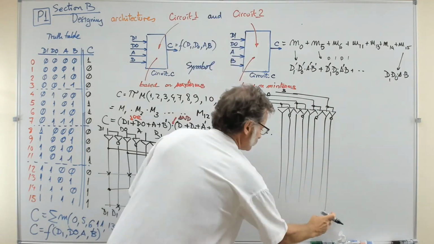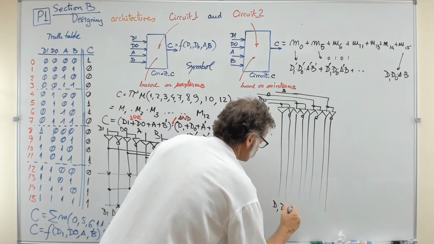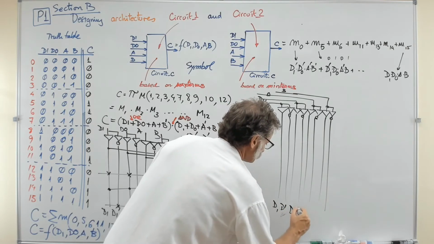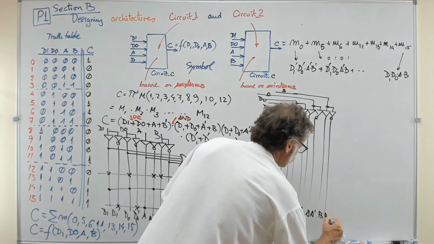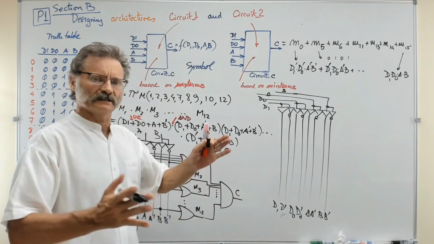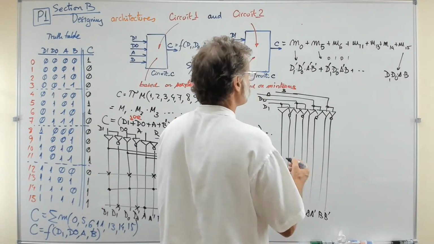So down there you have D1, D0, D1 not, D0 not, A not, B not. So you have the first level of gates, which are literals, and now you can proceed the same way.